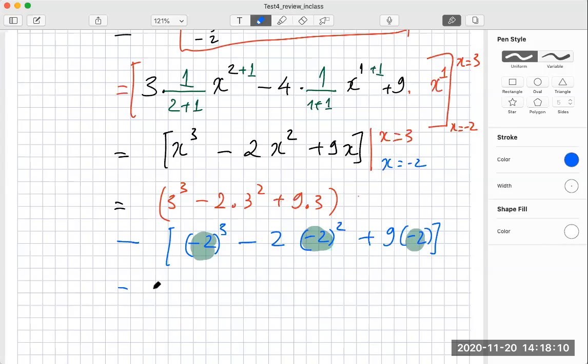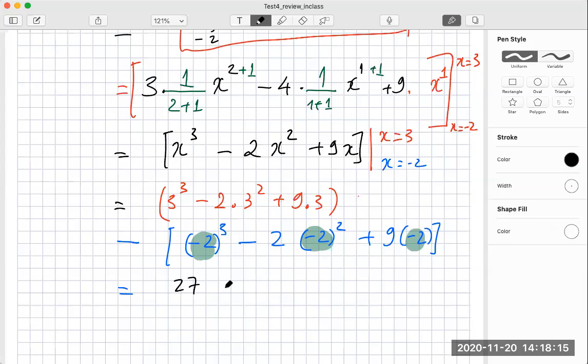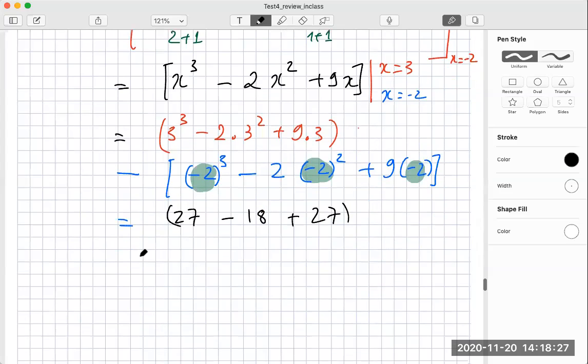Okay, now let us simplify it. 3 cubed is 27, minus here 9 times 2, 18, plus here 27 again, right? Subtract here, -2 raised to the 3 gives us -8. Minus here, -2 times 4, so minus 8.